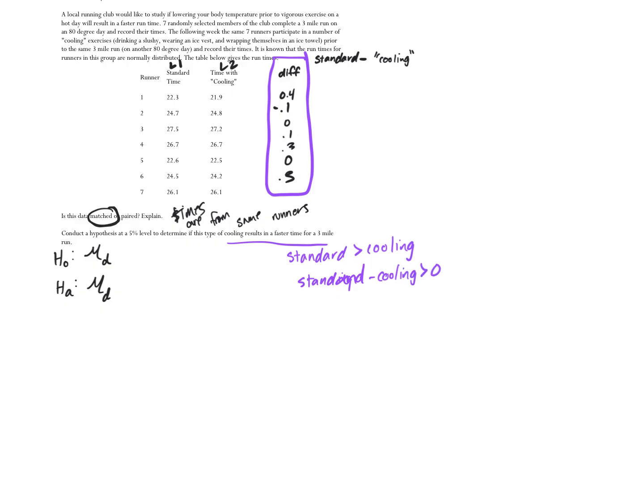Okay? So what that means is my alternative hypothesis is going to be that the differences are bigger than 0, leaving my null hypothesis to be less than or equal to 0. Are we good? All right.